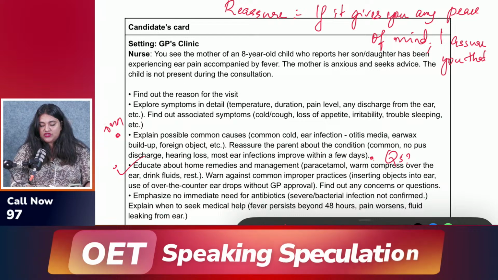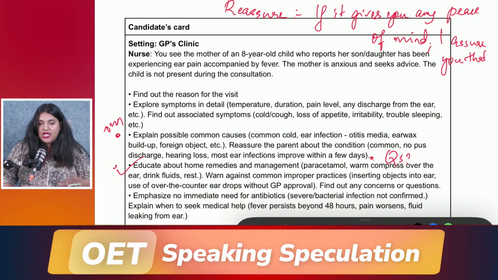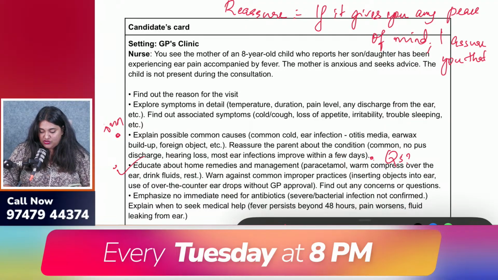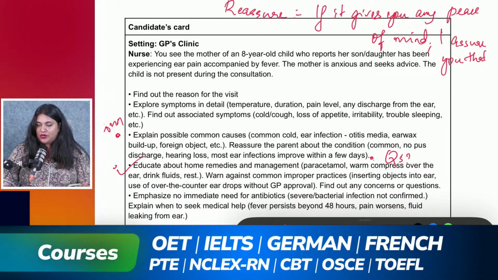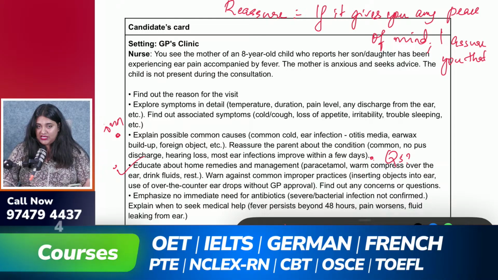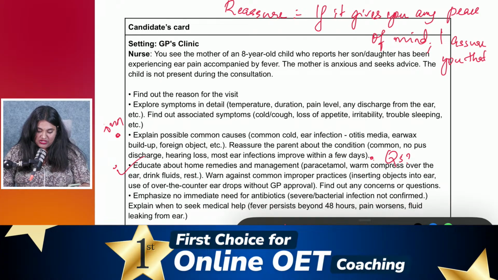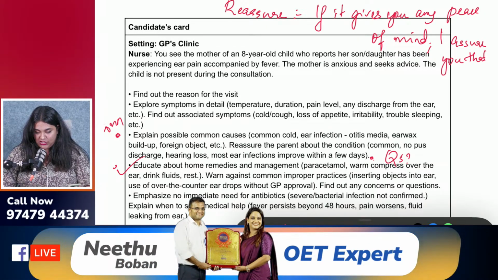Okay, so let me just go through that statement one more time, starting from educate. I understand you have some questions about the home remedies and the management of the situation, so let's talk about that. Starting with the medication, paracetamol is a good option for the pain. At the same time, you can apply warm compress over the ear. It will also help to ease the pain she experiences, and ask her to increase the fluid intake.